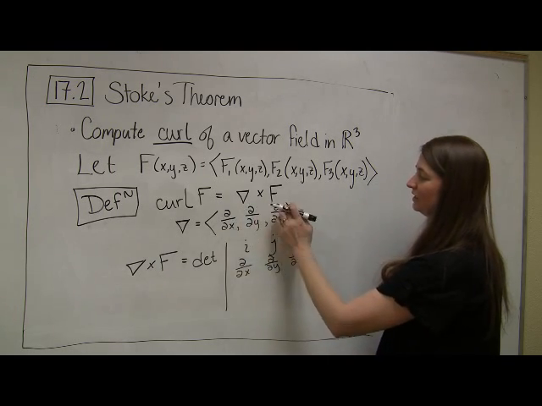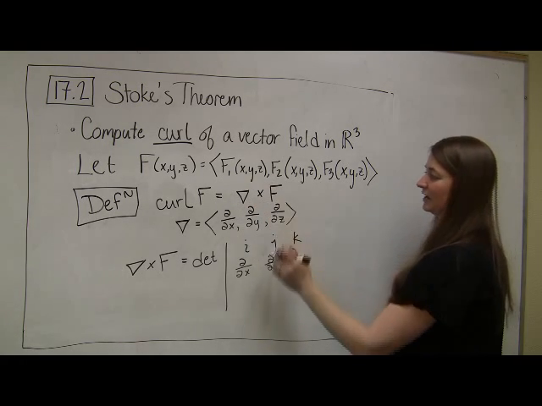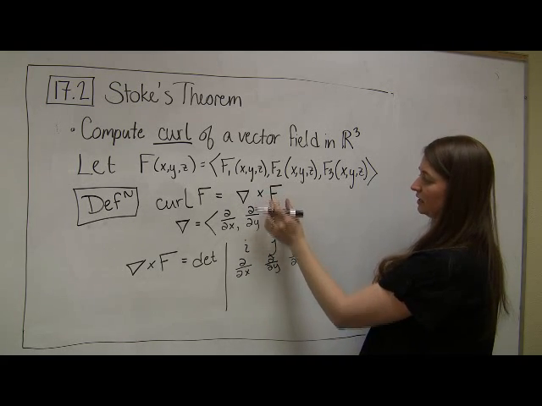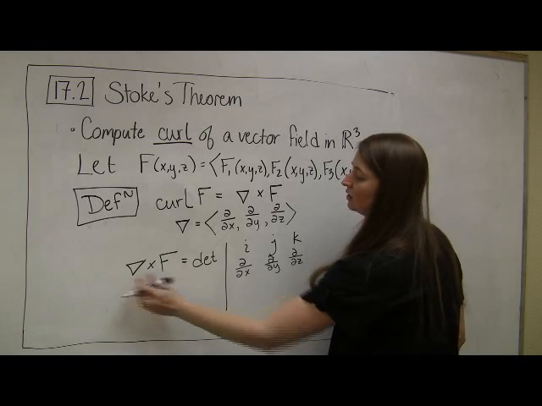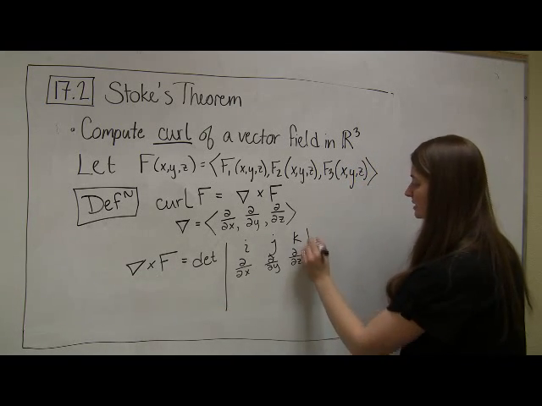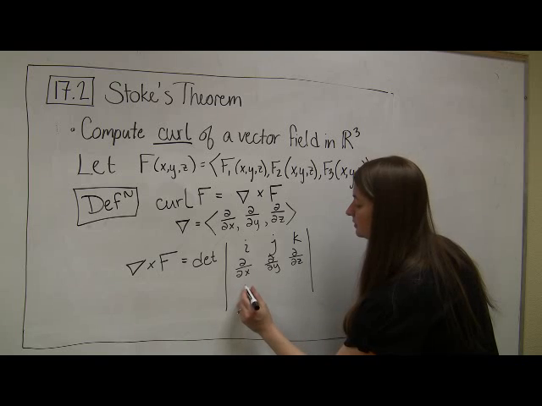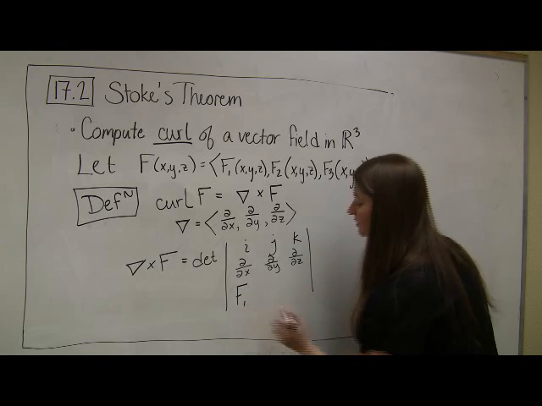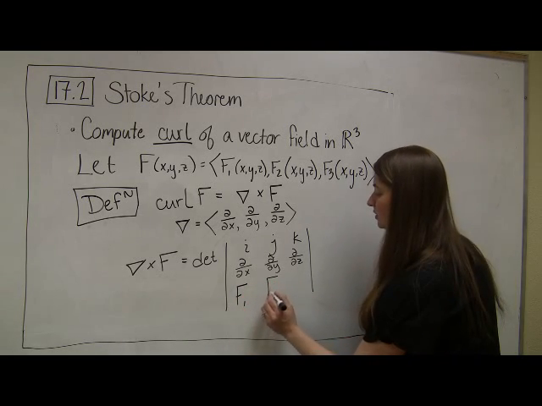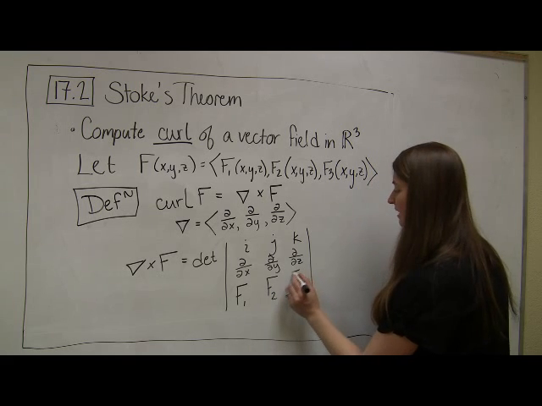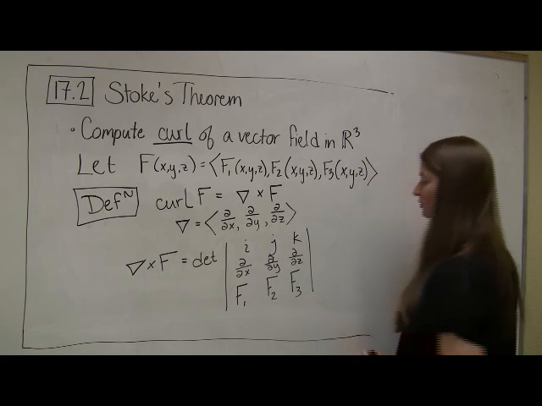Notice that there's nothing filled in here. That's going to come from these final pieces. My final row is going to be what I'm crossing this gradient operator with, in this case my F function. So the first component of the F function is f1, the second component is f2, and the third component is f3.